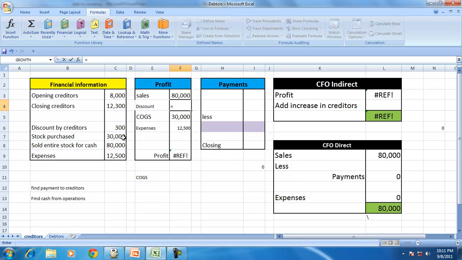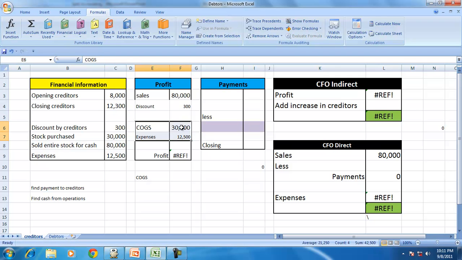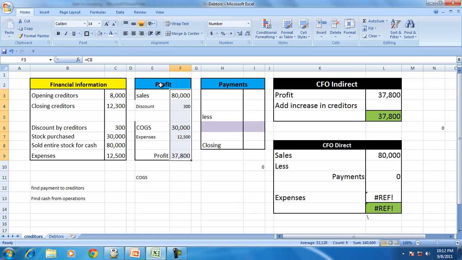The COGS is an expense, and also the other expenses paid. So the profit for the period is 80,000 plus 300 minus 30,000 minus 12,500, so 37,800 is the profit for the period.